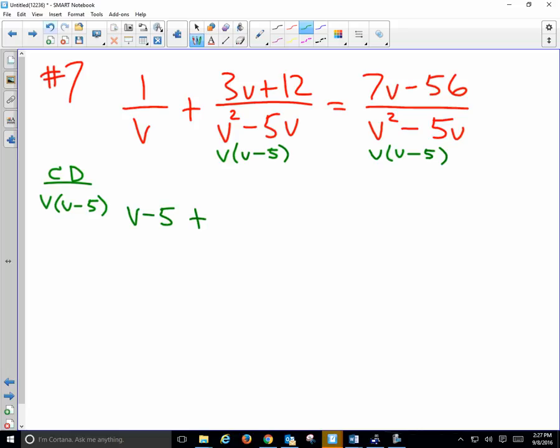Does this need anything to have the common denominator? No. So we can just write the 3v plus 12. Does this need anything to have the common denominator? No. So I have 7v minus 56.